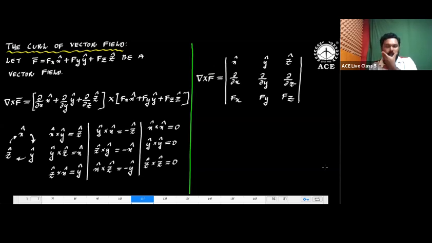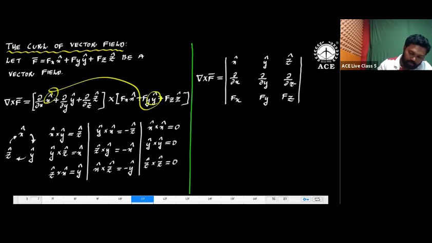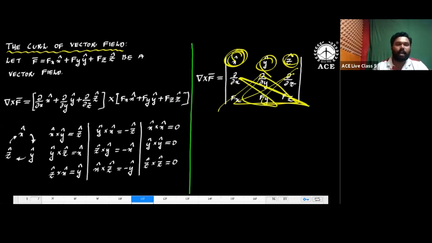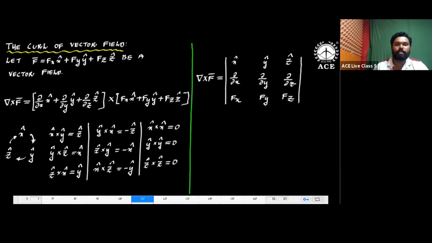Okay. So the output of the curl, if I perform x cross y, in the output you will be getting the z cap, isn't it? So how do you perform the cross product here? X cap into this minus this into this. Y cap into this minus this into this. Z cap into this minus this into this. So in the output you will be having the unit vector. So what I mean to say here is, the output of the curl is a vector. Output is a vector field.